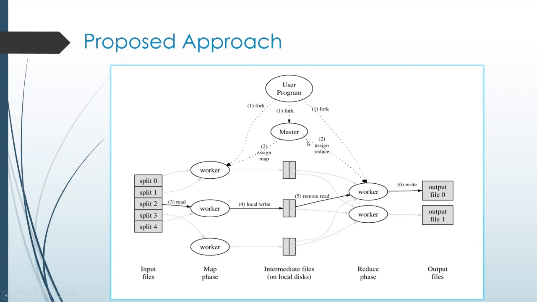One copy or one system acts as a master while the rest are workers, which are assigned map or reduce tasks. Map tasks read input data, apply the user-defined map function, and buffer intermediate key-value pairs in memory. This is locally written, as you can see here. Buffered pairs are periodically written to local disk and partitioned into regions.